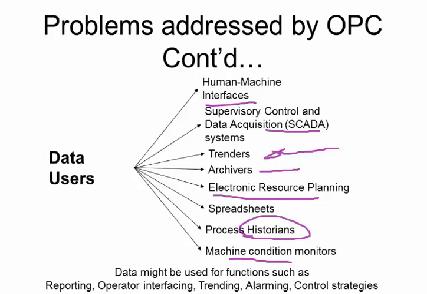There are lots of different people and devices interested in the raw data, especially today with things like the Internet of Things and sensors everywhere. Everybody wants access to the data. This is one of the other problems OPC was hoping to address. If you make one communication standard, it doesn't matter who you are. If you understand OPC, potentially you can get that data from whoever is providing it.